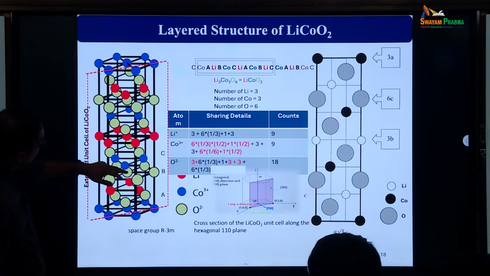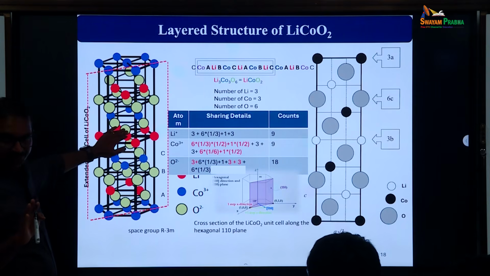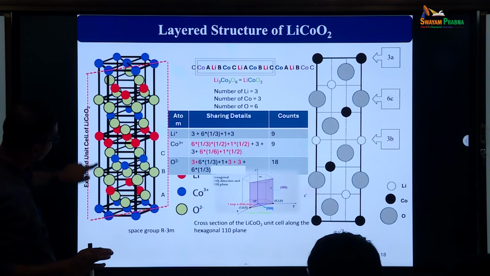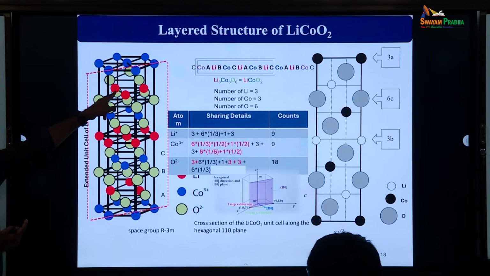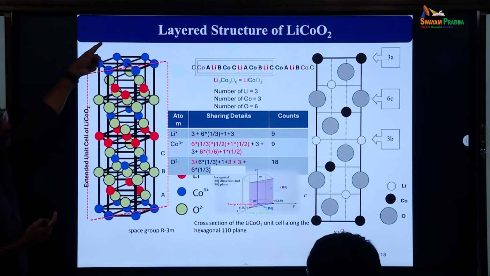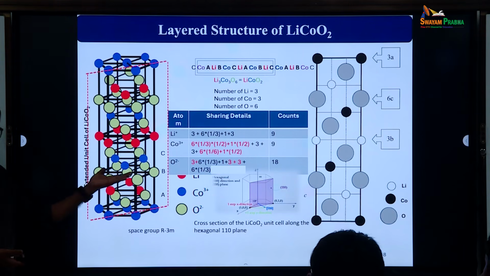So this and this and this are three distinct triangular layers. This again is same as this. Exactly the same position you have atom. So A, B, C, A, B, C. Okay? Clear? So what I have done, I have shown you the triangular lattice stacked one over the other.